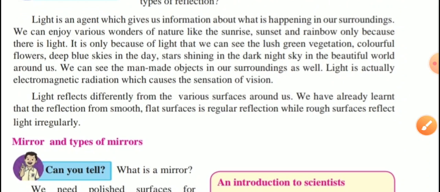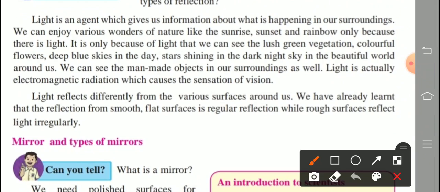Light reflects differently from the various surfaces around us. We have already learned that the reflection from the smooth and flat surface is a regular reflection, and second type we already explained in the above question answer.